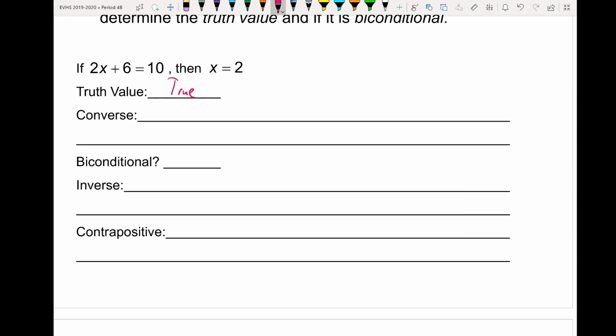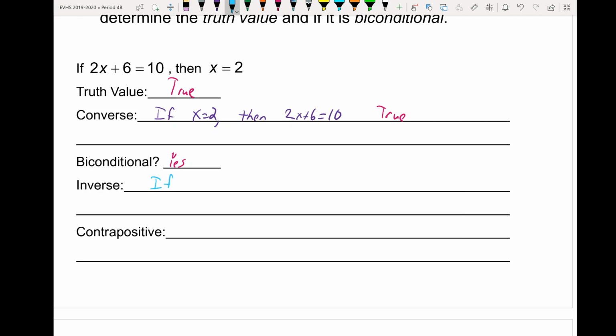All right, converse. If x equals 2, then 2x plus 6 equals 10. Is that true? Yes, it is. This is also true, therefore my biconditional is satisfied. It is a biconditional. All right, inverse is a lot easier to do on this one.